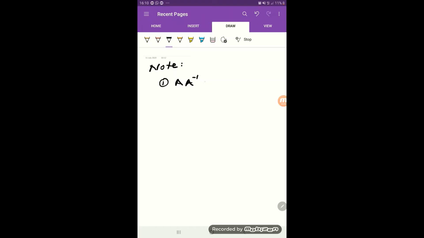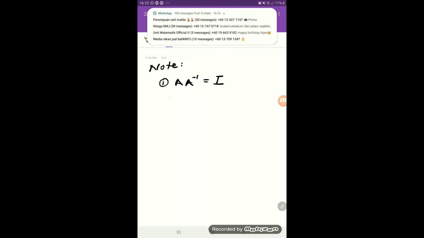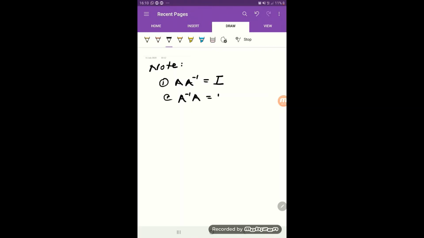A inverse A is equal I, where I is identity matrix, or A A inverse is equal I, where I is identity matrix, and I times A is equal A, or A times I is equal A also.